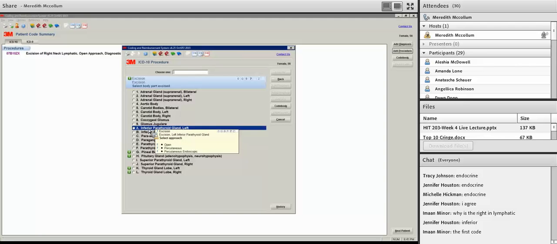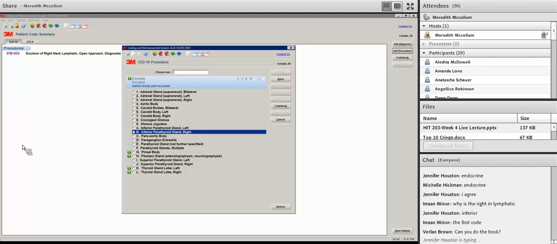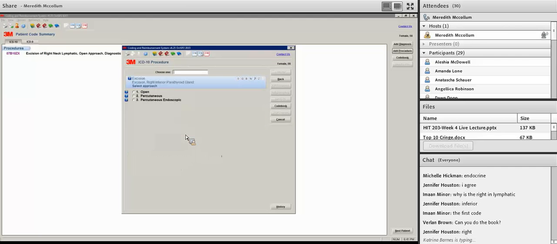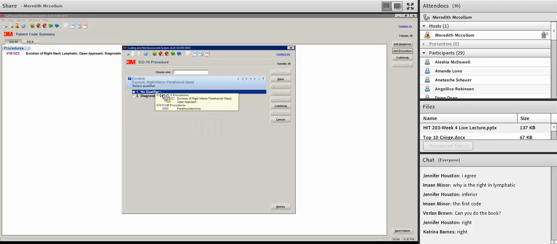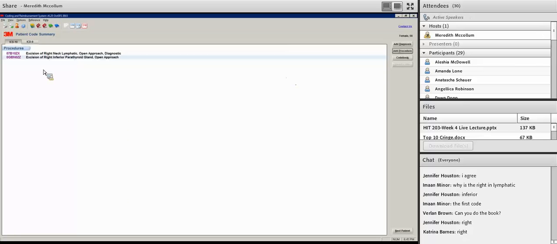And was the inferior parathyroid gland on the left or on the right? Was it on the right? Yes, I can do the book. Thank you, on the right. And it was open, and in this case, no qualifier. So excision of the right inferior parathyroid gland, open approach.